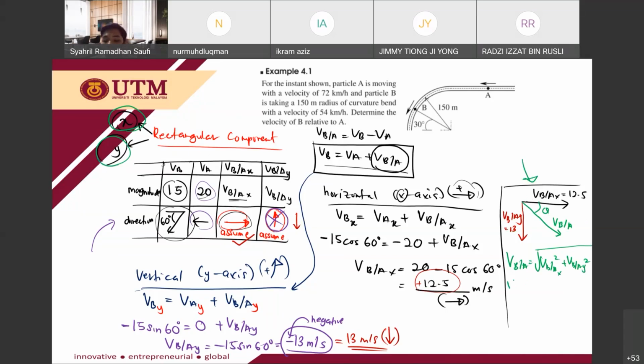So VBA is equal to the square root of 12.5 squared plus 13 squared. And then theta is equal to tangent inverse of 13 over 12.5. Then you can get your theta. So what would be your theta?